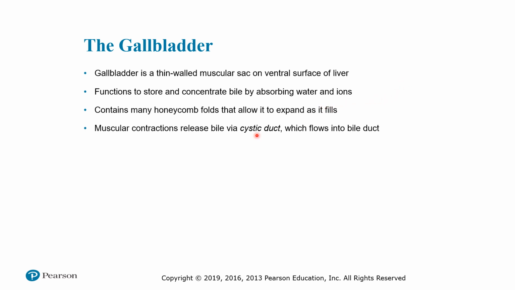It contains many honeycomb folds that allow it to expand as it fills. Muscular contractions release bile via the cystic duct, which flows into the bile duct. Especially in fat women, the gallbladder can get inflamed, and sometimes it can have stones and needs to be removed. So that is all about bile.